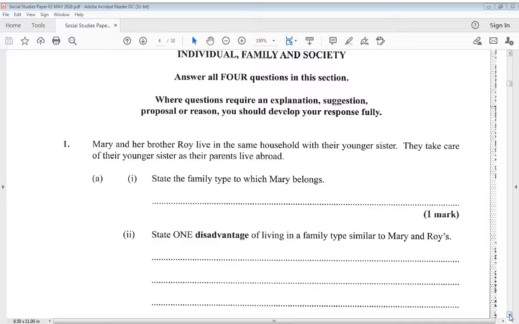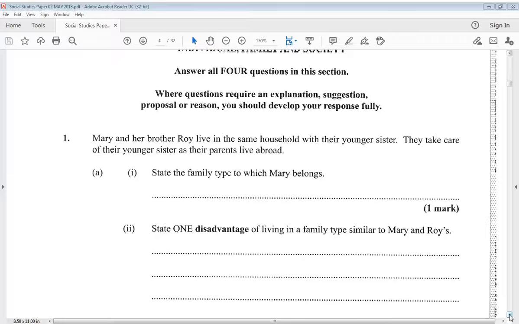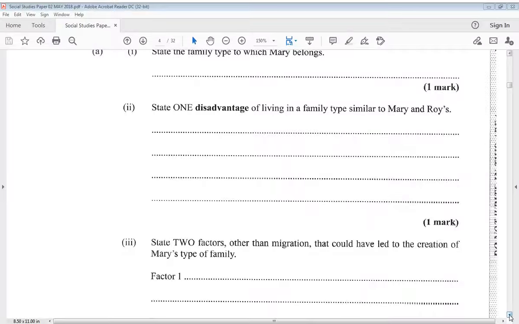Now we know that oftentimes children may engage in unruly conduct, and may engage in drug abuse and other social issues because of lack of adequate supervision, with no mature individual in that household taking care so as to allow proper supervision. So you have gotten 2 disadvantages of living in a sibling household.